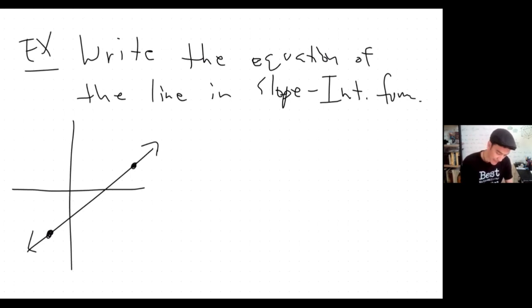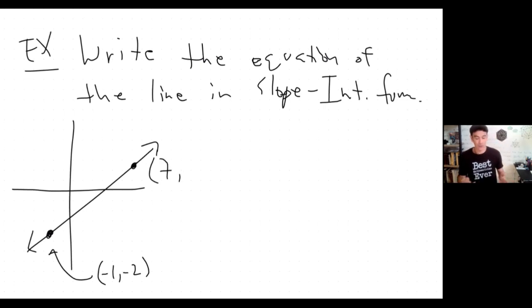This one here, suppose that is at -1, -2, and this one, let's go with a 7, 2. That'll work out nicer. You'll see numbers that work out kind of nicely on the classwork and on the test.